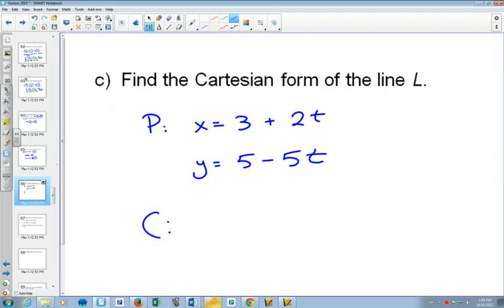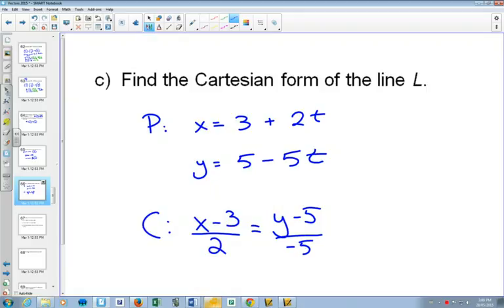Solving for t in the first one, you'd get (x minus 3) all divided by 2. Solving for t in the next one, you'd get (y minus 5) divided by negative 5. And then you'd have the Cartesian form.